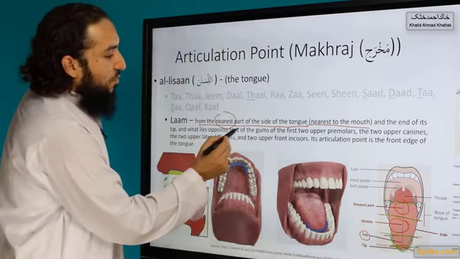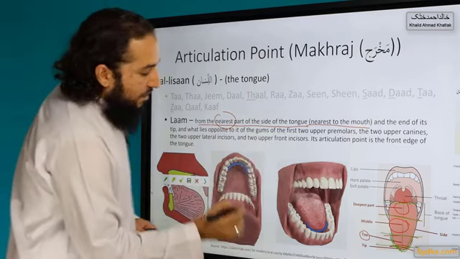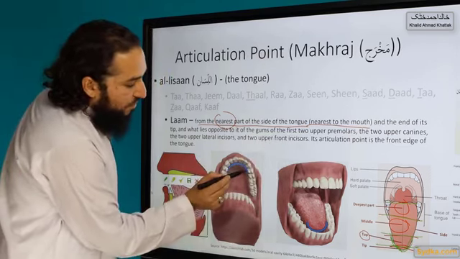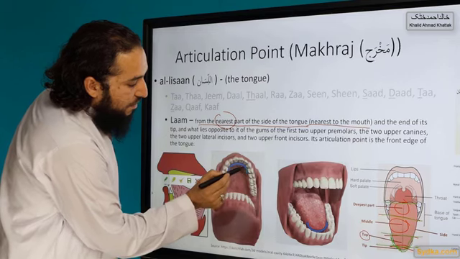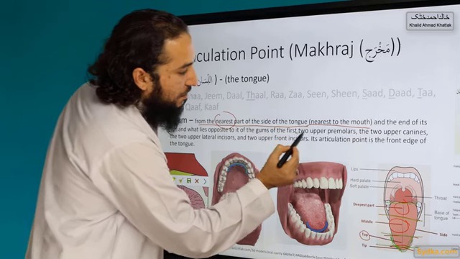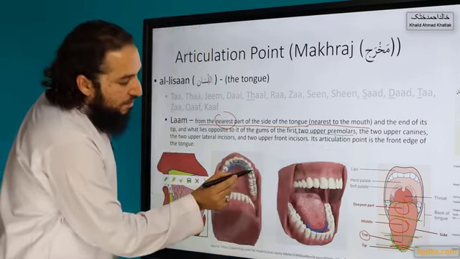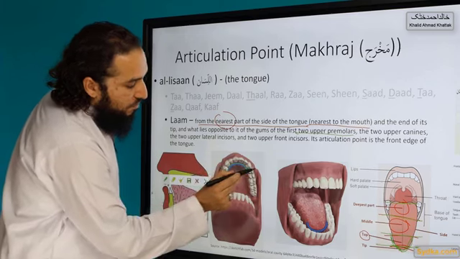What lies opposite to it of the gum of the first top two inside premolars? So whatever lies opposite to it, start from here to there. Two upper premolars, this one and that one.